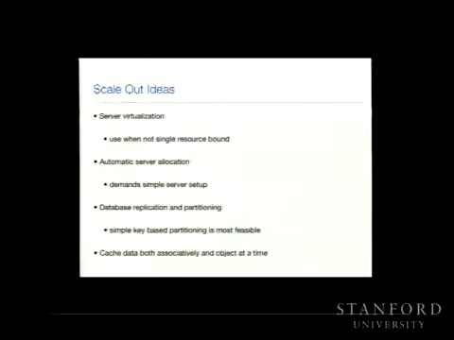As an example, for one database that I built, all of the objects in the system had a home location associated with them, and that home location ended up also being a database location.